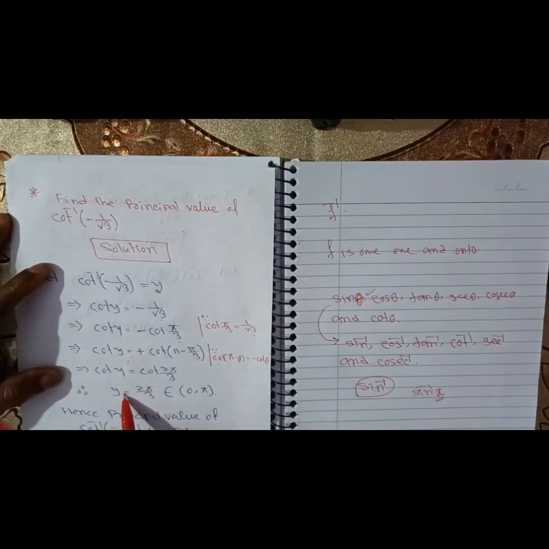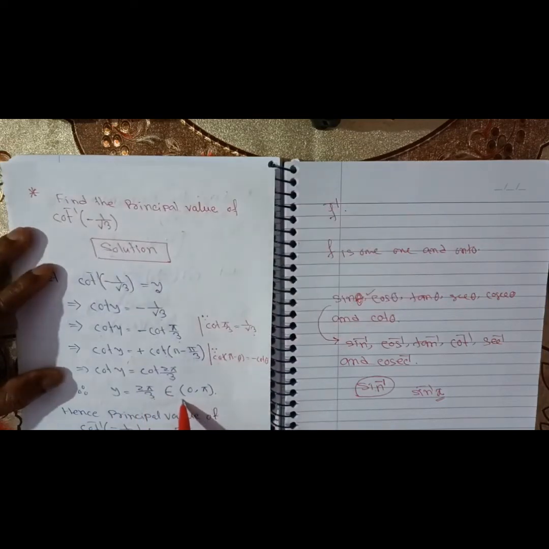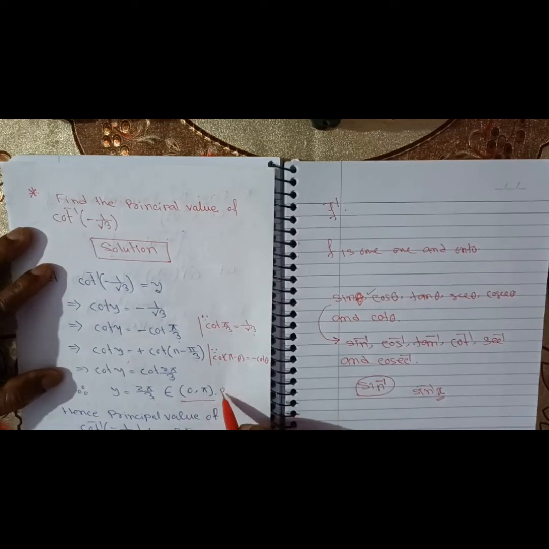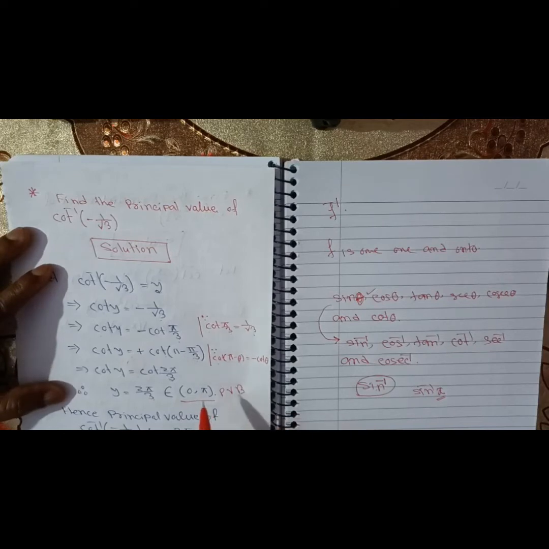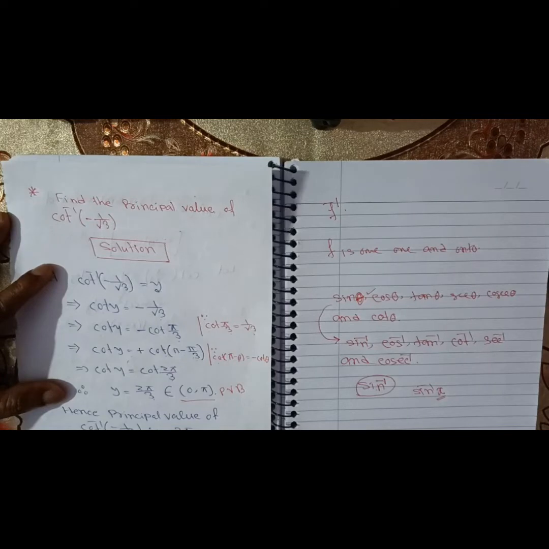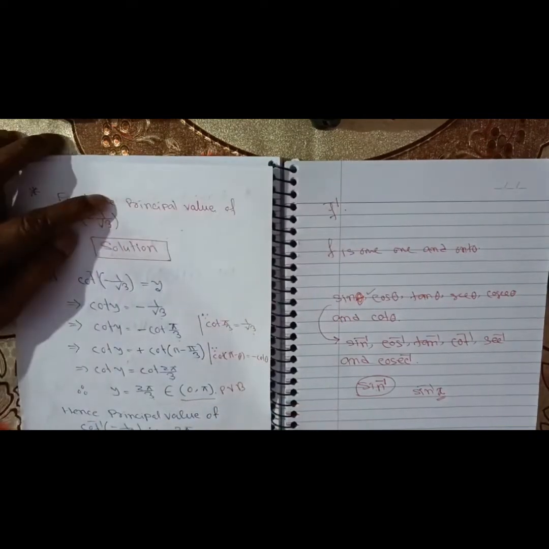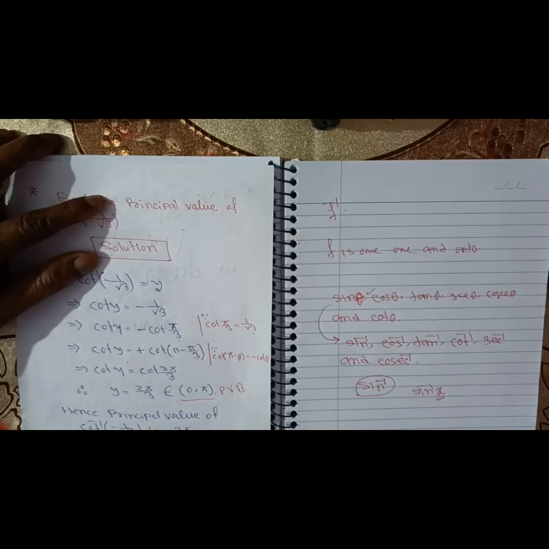That's why y is equal to 2 pi by 3, which belongs to 0 to pi, which is known as the principal value branch of the cot inverse function. Hence, the principal value of cot inverse of minus 1 by root 3 is 2 pi by 3.